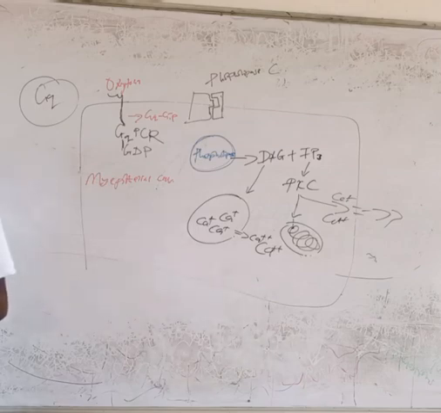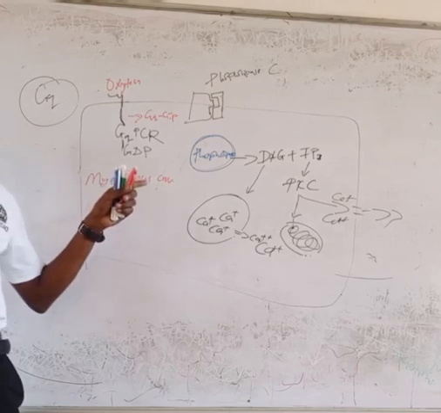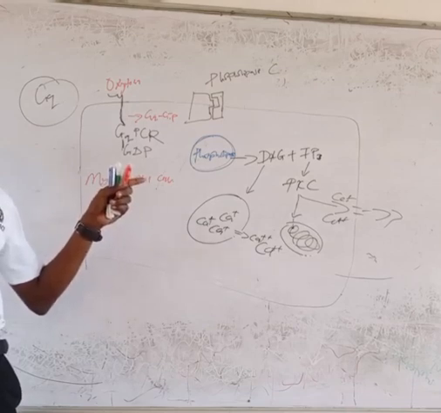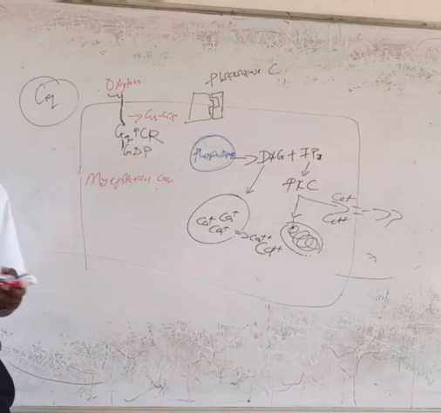We said prolactin is also known as mammotropin, because it works on the mammary gland for secretion of milk. So oxytocin on the myoepithelial cells triggers their contraction so that milk can be ejected out.